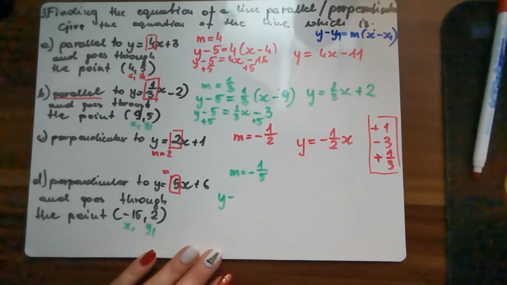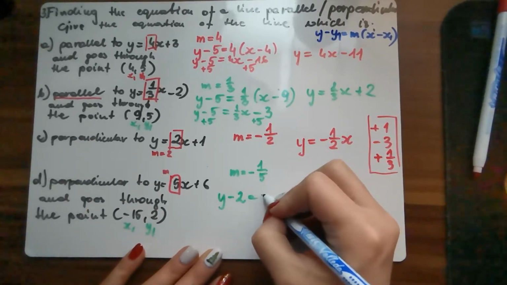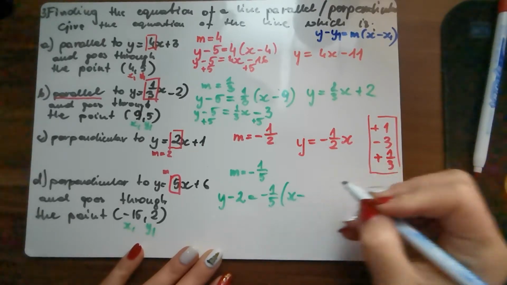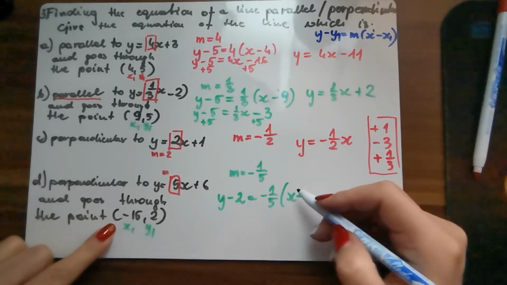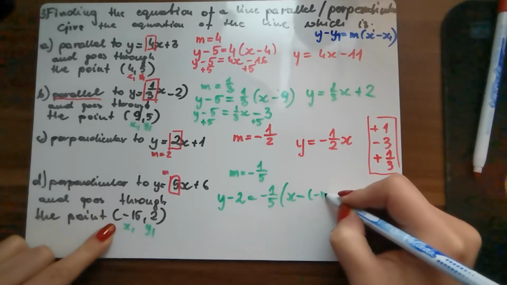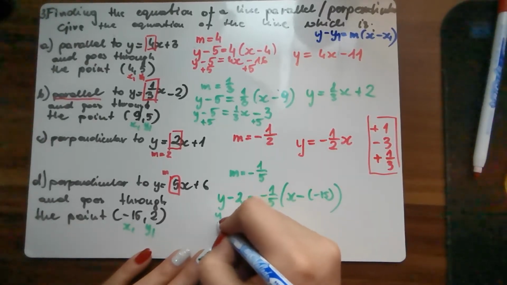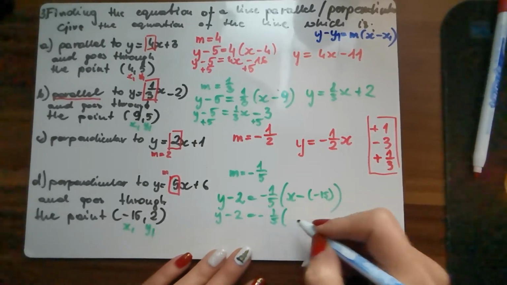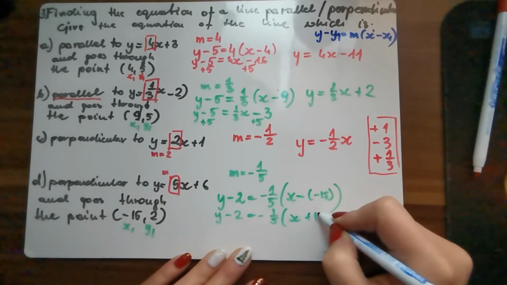So y take away y1, 2 is equal to -1/5 times x, take away x1, but we have negative 15, so we will have take away a negative number. I will write it down this way just to be sure that you will notice what we need to do. So y take away 2 is equal to negative 1/5, and we need to change the sign, negative and negative, so it will be plus 15.